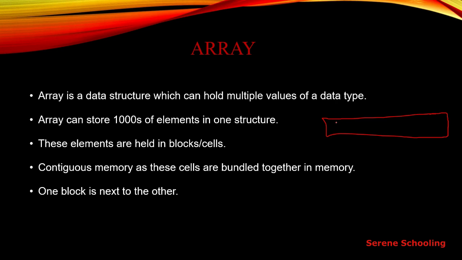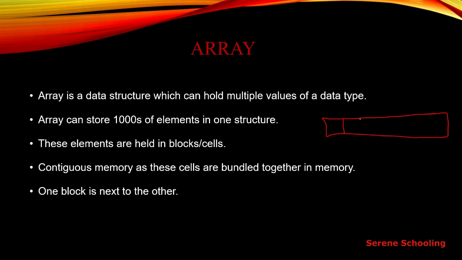One thing you need to remember is that an array will only store a single data type. If you want to store numbers, you create an integer array. Similarly, if you want to store names, you create a string array. Each array will only hold one data type at a time, and these elements are held in blocks or cells.